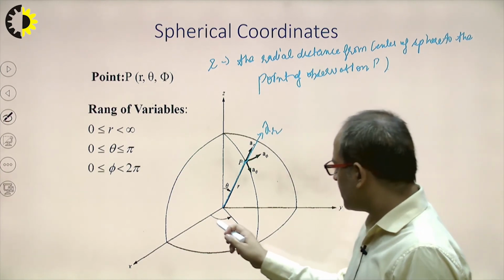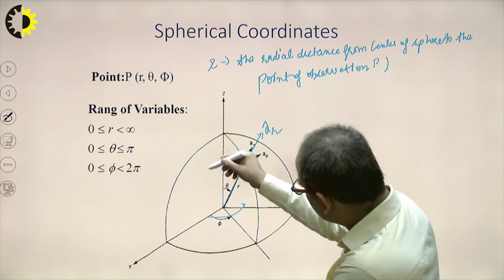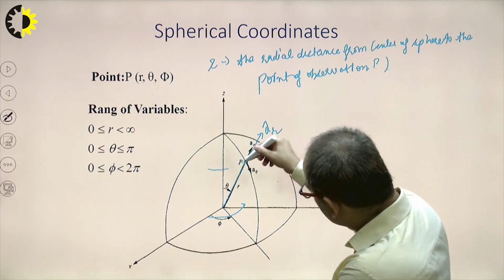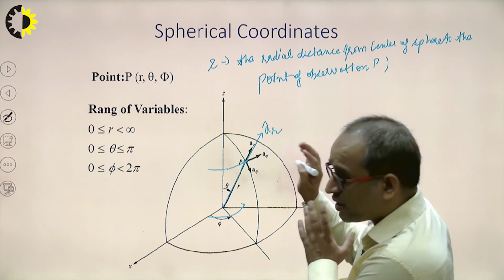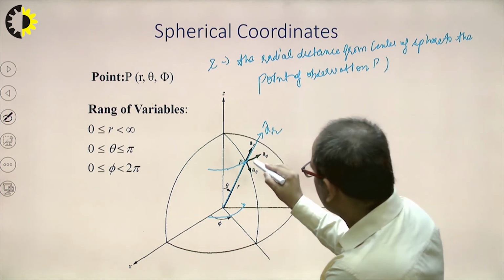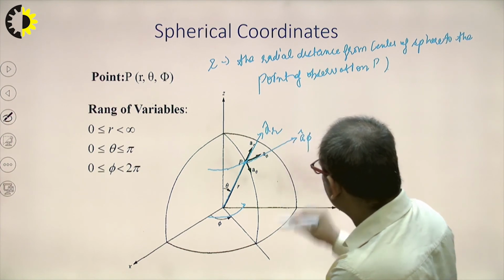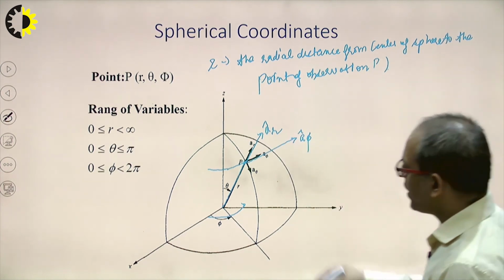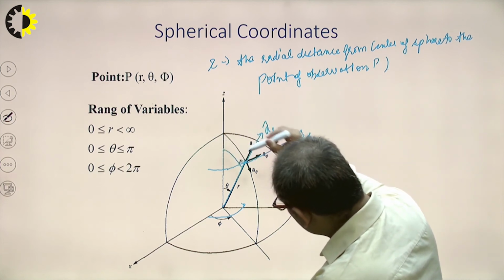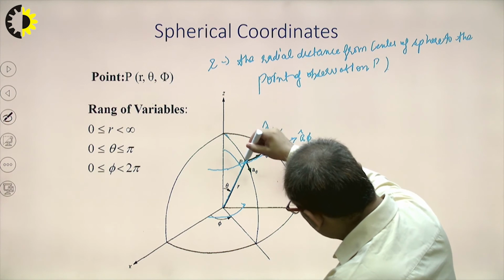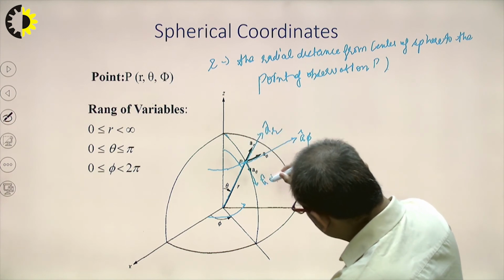Now phi is in this direction, so at this point phi will be moving in this direction, and here you will get the tangential component, a cap phi. Clear? And theta will move from top to bottom, so at this point theta will be in this direction.